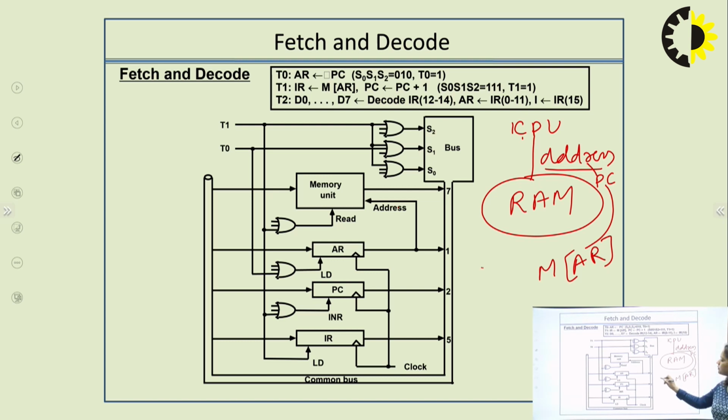So from the program counter it will be copied to the address register, that 12-bit address which will be issued by your CPU. So it will be issuing a 12-bit address initially.